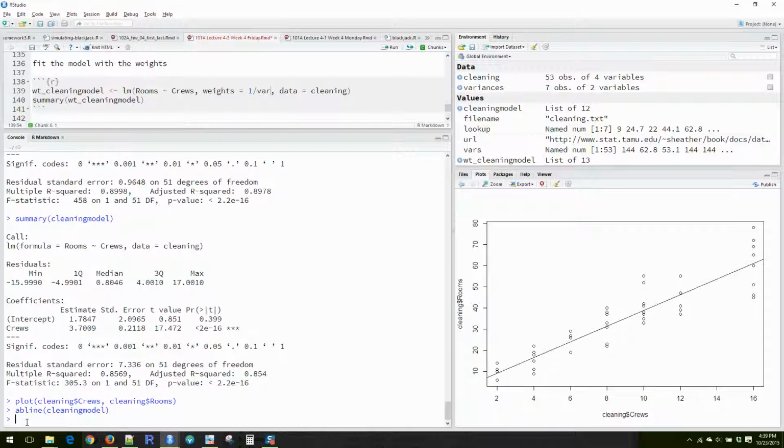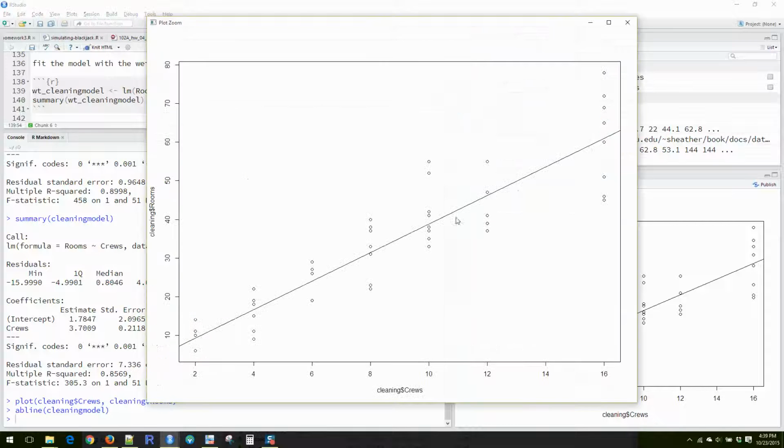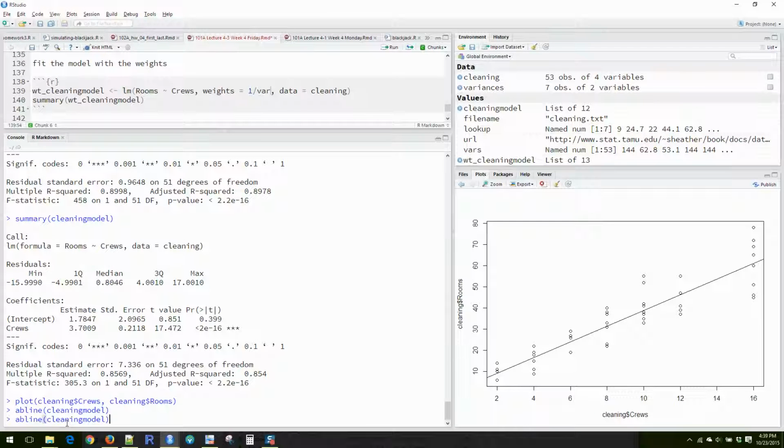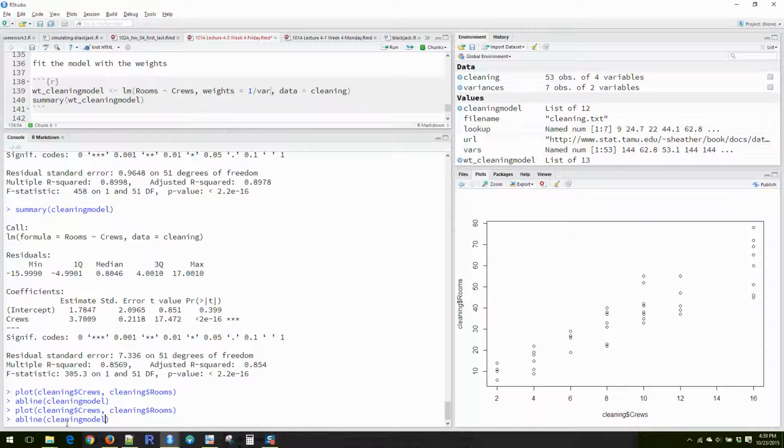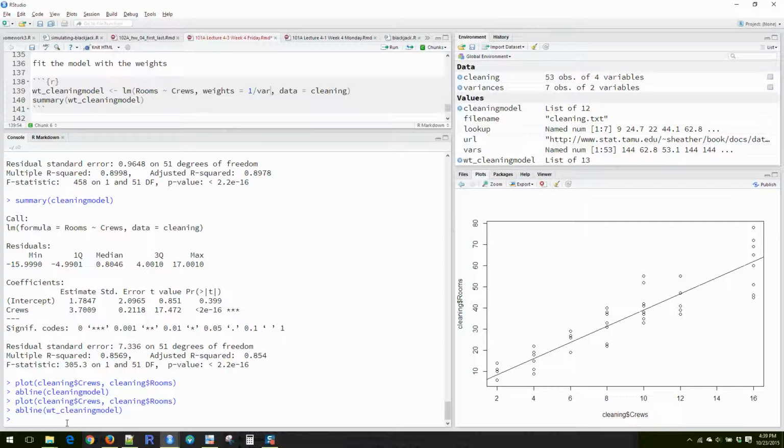So this is the best fit line from the regular model. And now I'm going to do the weighted cleaning model. I don't know if you can tell, but that's all it does. It doesn't seem like it makes a huge difference here.